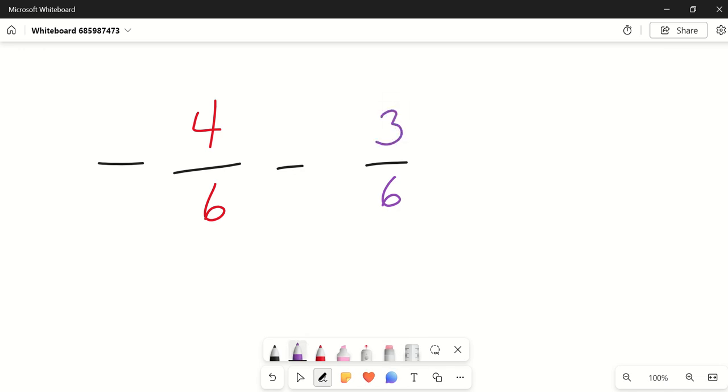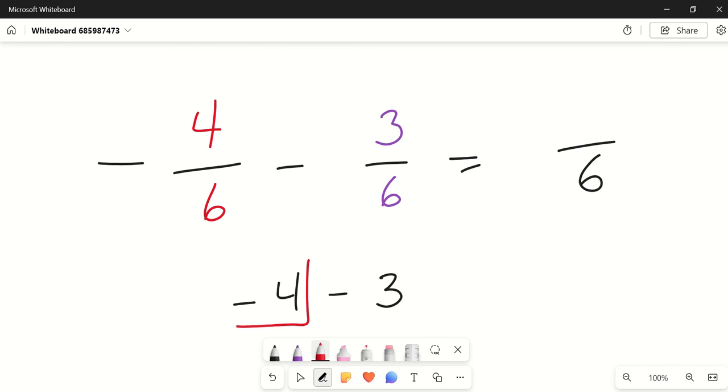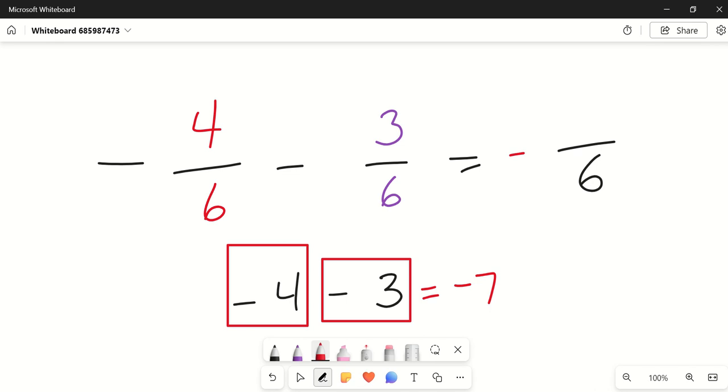So basically what I have here now is a denominator of 6, but now I have negative 4 minus 3, which is indicated up here. Negative 4 minus 3. Again, this is the same thing as saying you owe somebody $4, now you owe somebody $3, you owe a total of $7.